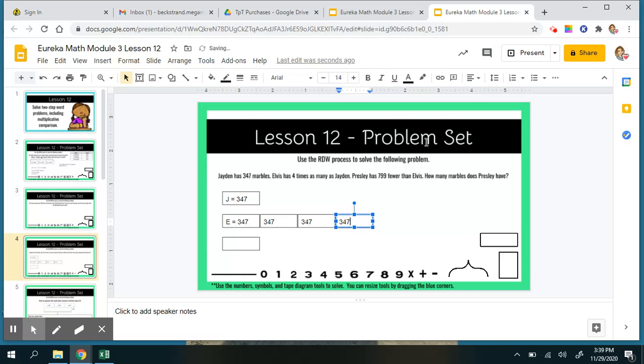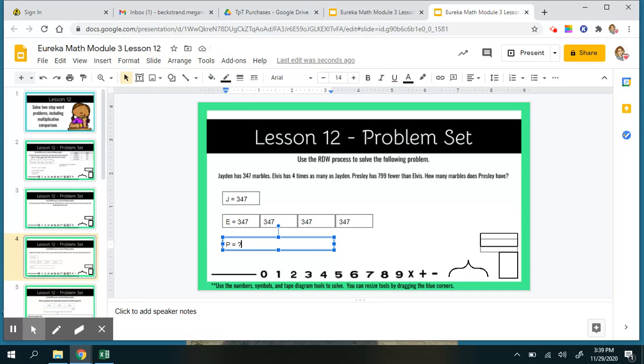Okay, and then Presley has 799 fewer than Elvis. How many marbles does Presley have? So we're trying to figure out how many marbles does Presley have. We know that it's less than Elvis. So Presley's tape is going to be shorter than Elvis, and we don't know how many he has yet. So we can just put Presley. We don't know yet. That's what we're trying to figure out.